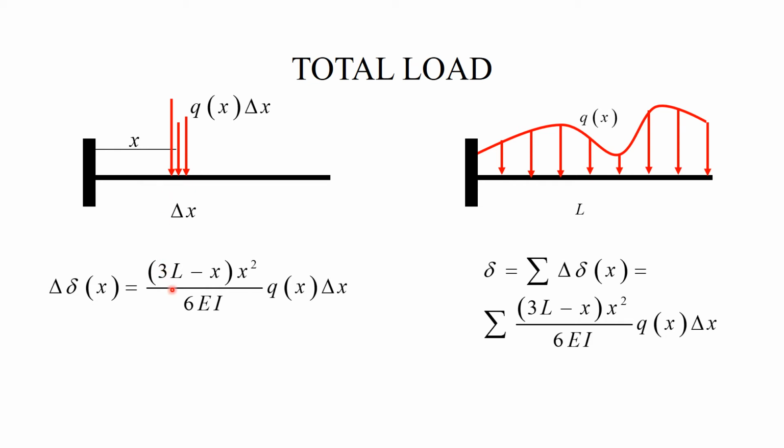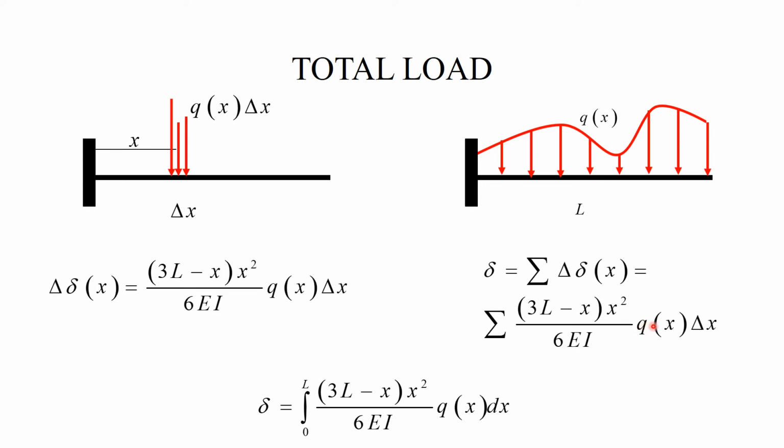Now I can take the expression for the elementary delta, and I obtain this Riemann sum. Of course, I can think about this Riemann sum as a superposition, but the Riemann sum is closely related to the integral.